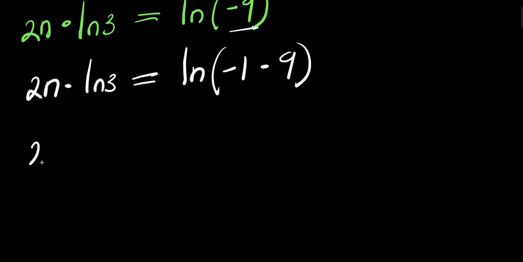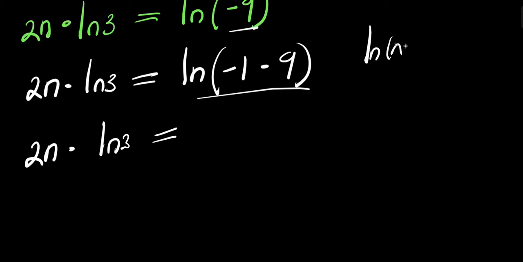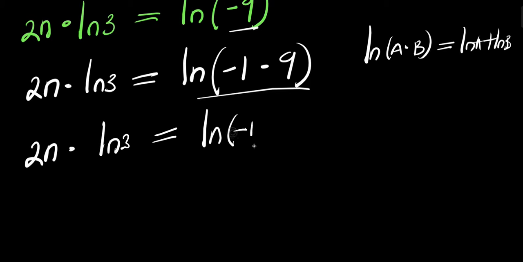So 2n times natural log 3 equals natural log of negative 1 times 9. If you have natural log a times b equals natural log a plus natural log b, this is natural log negative 1 plus natural log 9.